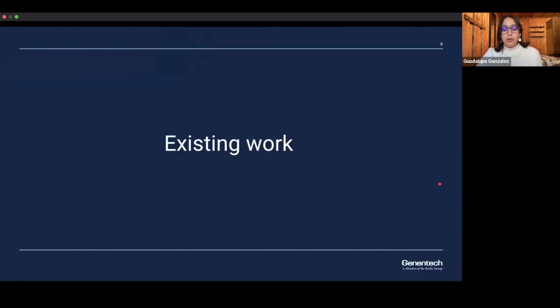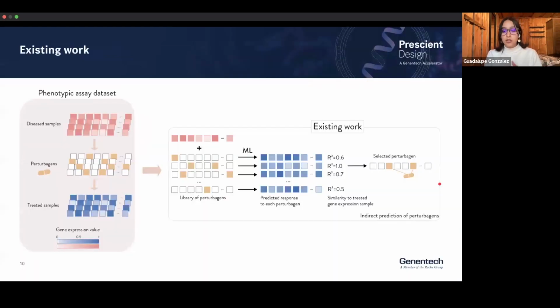So we can look at how existing work tries to tackle this. We have here, of course, our key element, a phenotypic assay dataset, where we have replicates of our disease model. We have a library of perturbagens, meaning any agent that is able to modify or affect or perturb a system.